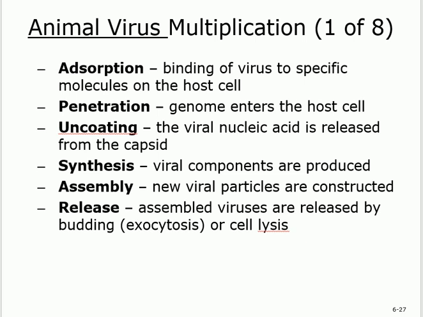Assembly is when you put them together, like the assembly plant, right? Assembly plant means give me component number 1, give me component number 2, I put them together, and I make the virus. This is called assembly. And then the release is the last step. There are different ways by which the virus is going to leave.